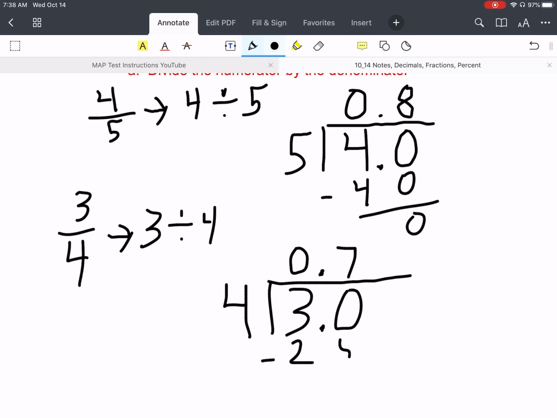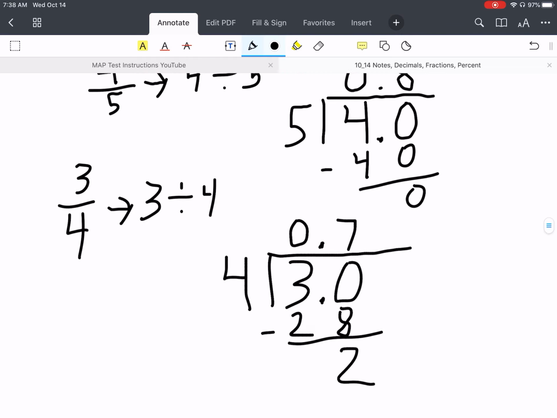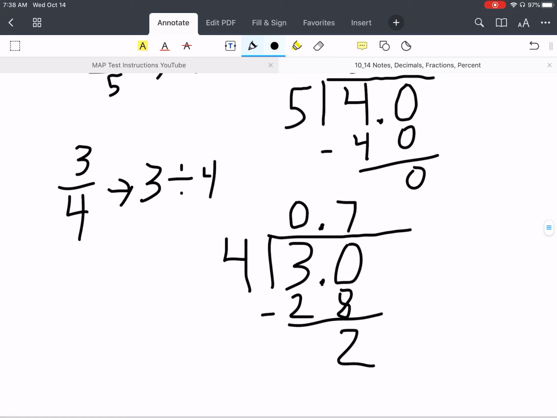So I'm going to subtract. But we've got to keep adding on. So instead of having a remainder, we're going to keep adding zeros until we can have a clean decimal. And none of your decimals will go on forever today. So now we can bring down the 0.